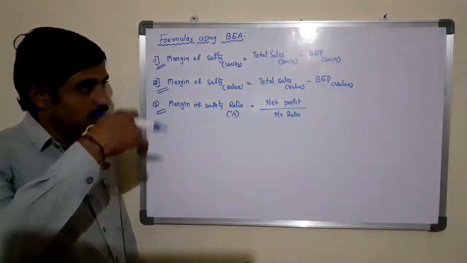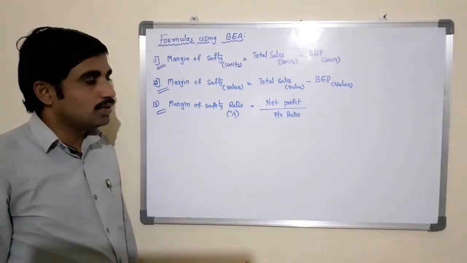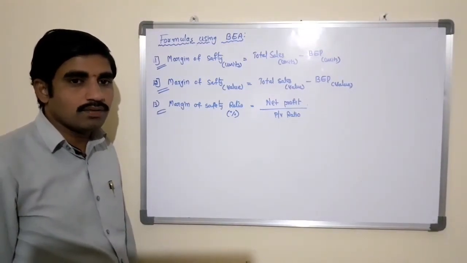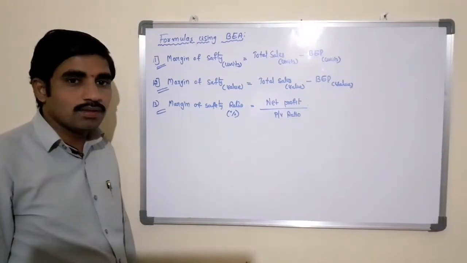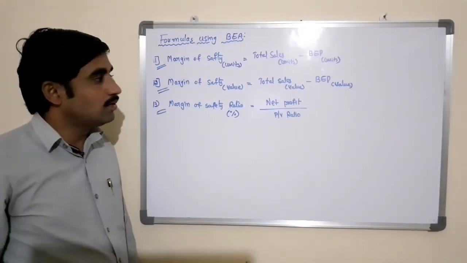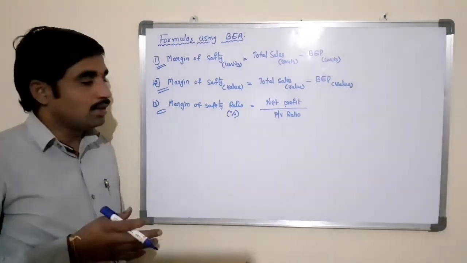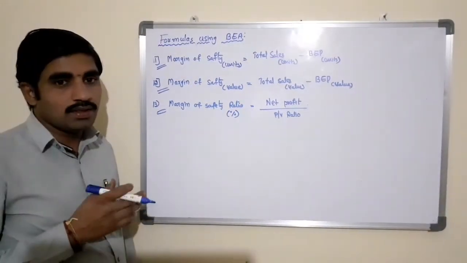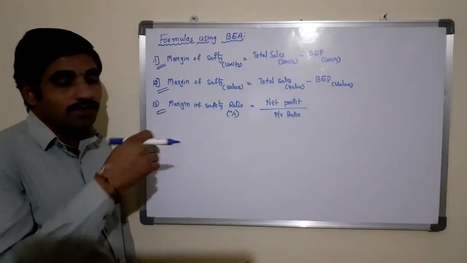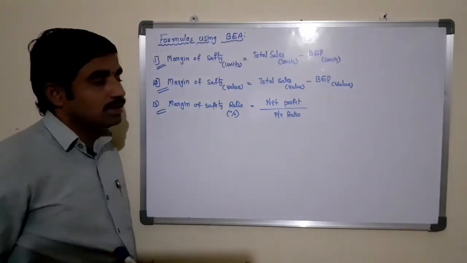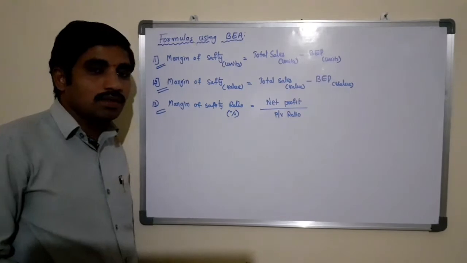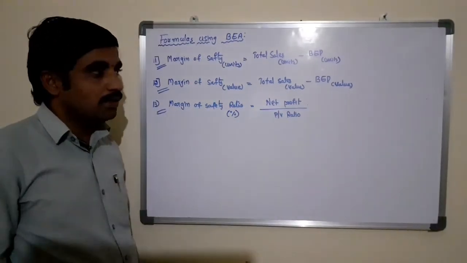The statement used to determine operating profit is sales minus variable cost, which gives the contribution, minus fixed cost, that is operating profit. So around 13 to 15 formulas are there to determine different values under break-even analysis. This is about the formulas that we are using in break-even analysis.